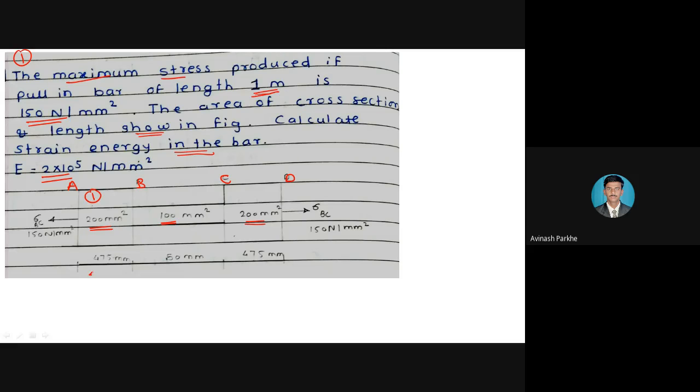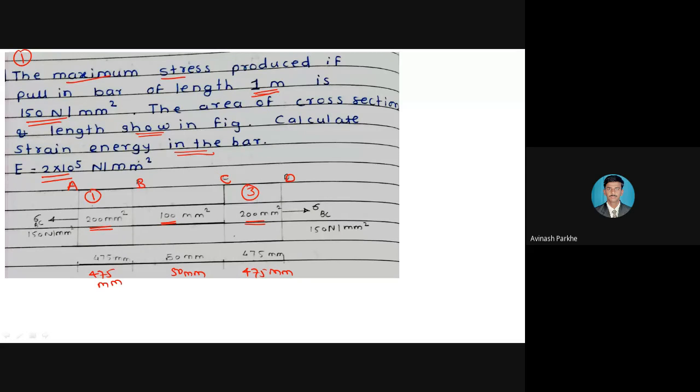Section number 1 has length 475 mm. Section number 2 has length 50 mm, and again section number 3 has 475 mm. That means section number 1 and section number 3 are similar to each other.